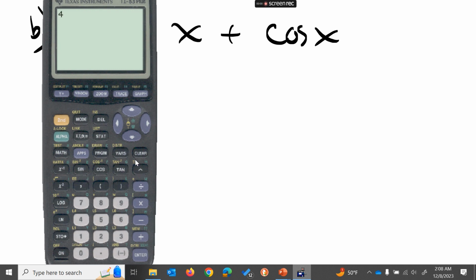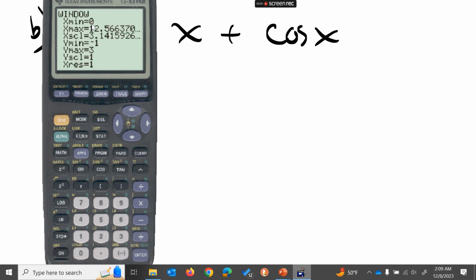So 4 times pi is going to be the x coordinate. So notice the x coordinate is stretching out to about 12 and a half, right? So then I'm thinking, well, if this is x here, that means this also stretches out to 12 and a half up too. So I'm going to go 15. Let's go 15 on our window.